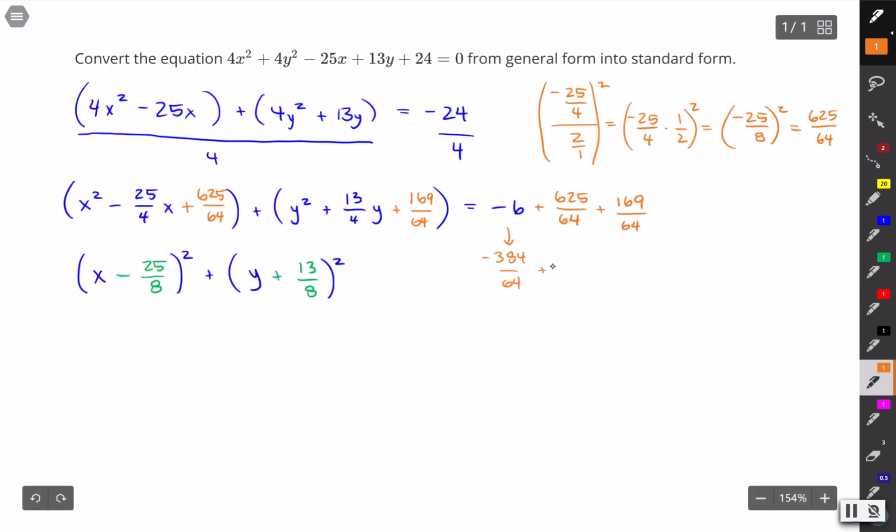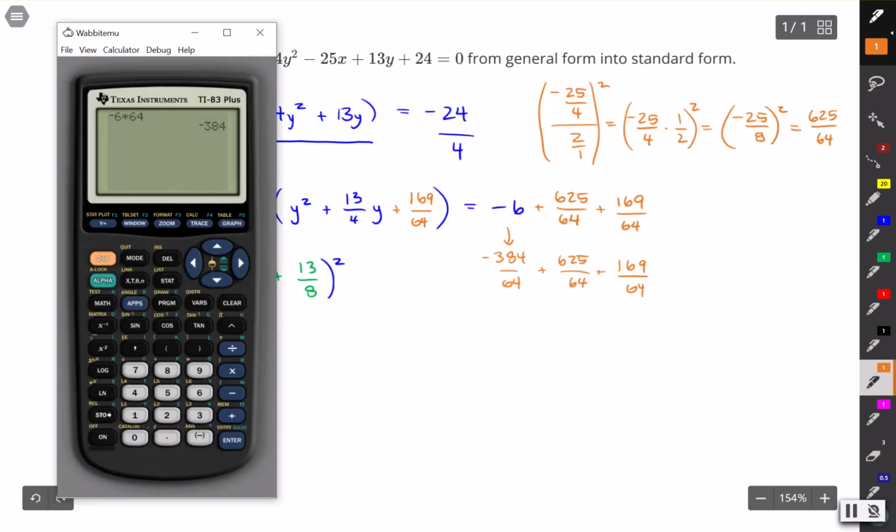And then I just need to add it to these fractions that already have denominators of 64. So negative 384 plus 625 plus 169, that gives me 410.